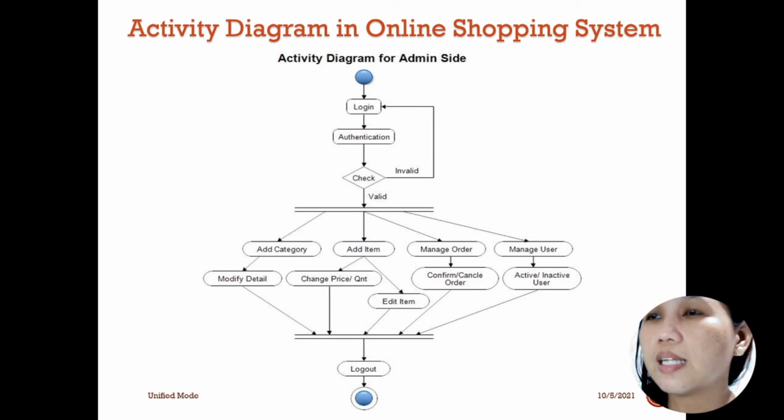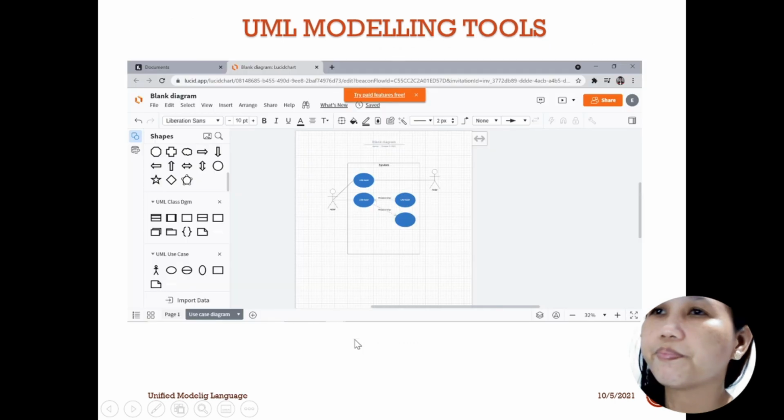If it's invalid, then it will return to login. Under add category, we'll proceed to modify detail, change, confirm, active, user, and edit item. So here in our example, the fork is after the diamond, and before the logout is the join.